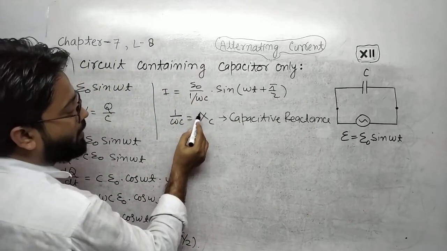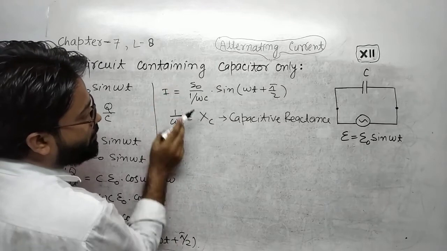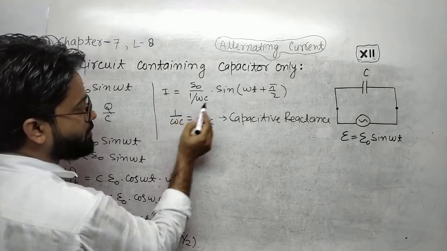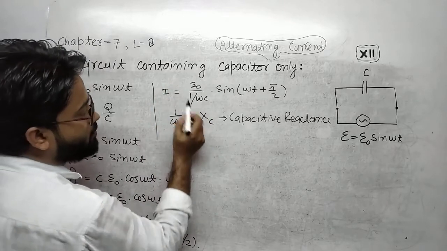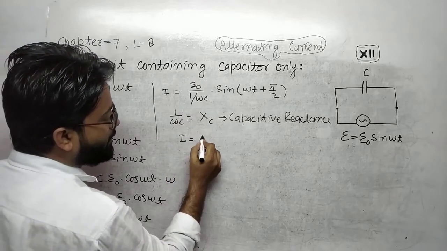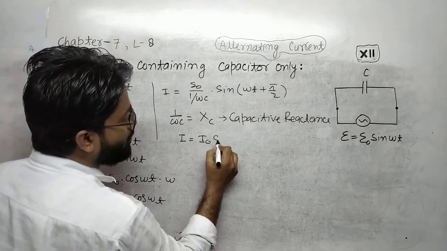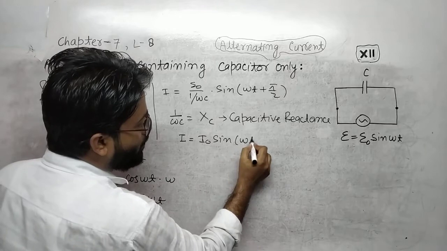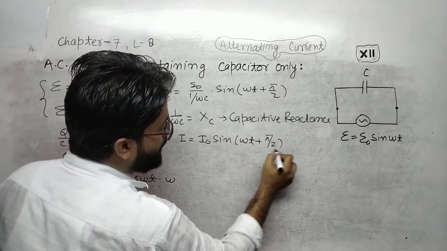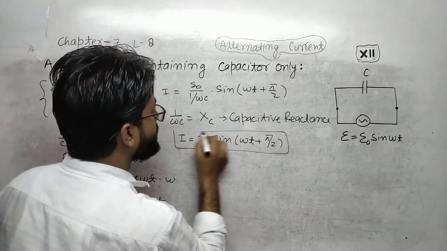In place of E naught upon this resistive property we write I naught, and finally I is equal to I naught sine of omega t plus pi by 2. This is the final answer.